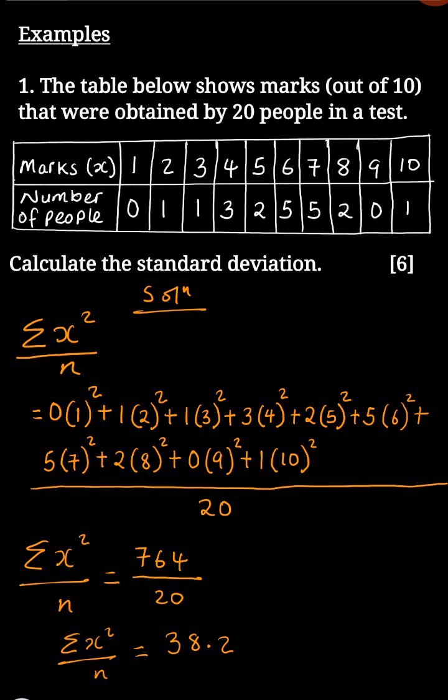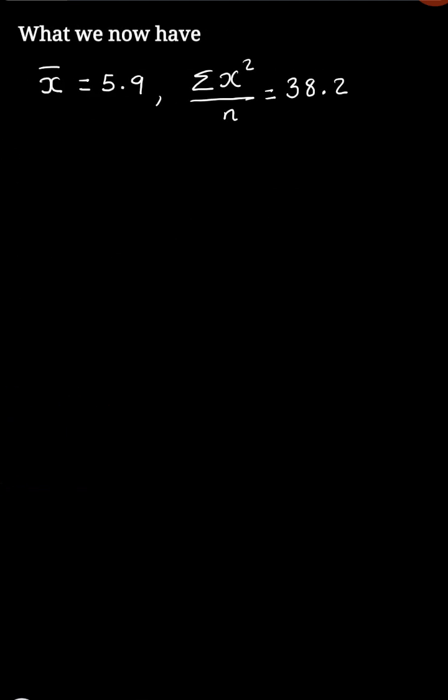Once we are done with step number 2, we can now go to the last step, which involves the calculation of the standard deviation. Now, this second step as well will earn you 2 marks. So what we've done here is also 2 marks. Once you've gotten these 2 marks, you can now go to calculate the standard deviation.